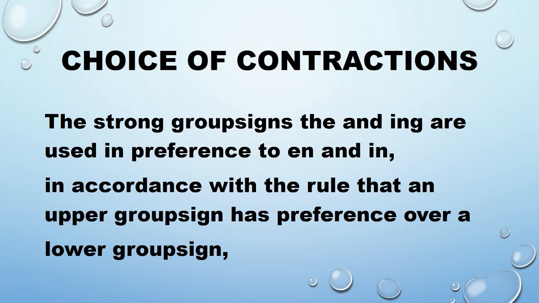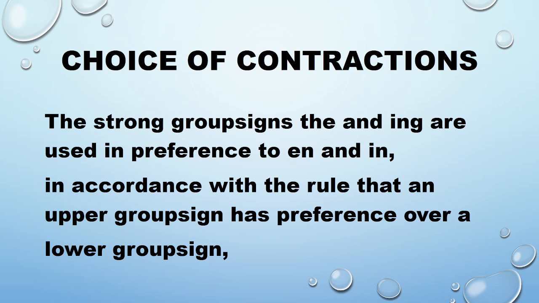Now let's take another rule. Let's go to the choice of contraction that we can use in a word. As in my previous videos, it is preferred that strong group signs are used instead of the lower group signs. Particularly, the strong group sign for the, and also the strong group sign for ing.